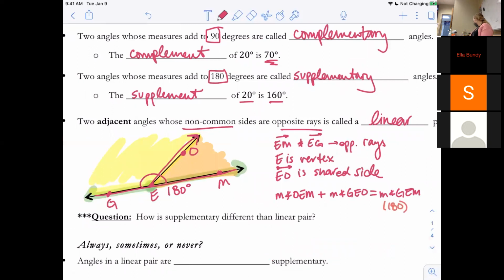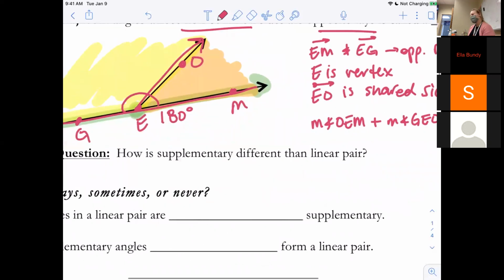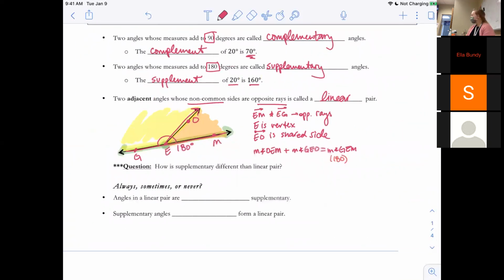Nope, okay, moving on. Next it says, how is supplementary different than a linear pair? Anyone think they know? They both add up to 180, right? The one difference is that supplementary angles don't have to be on a line.